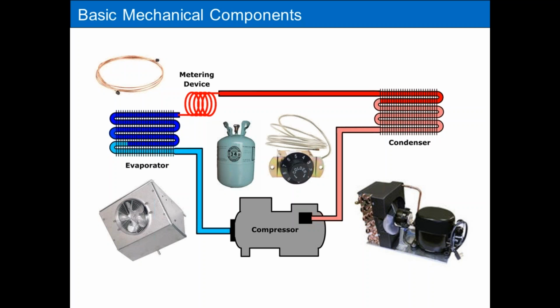It's cycled on and off by the temperature sensor being attached directly to the evaporator. And there's a relationship between evaporating temperature and case temperature. And that's how these systems work. So keep that in mind. The type of temperature control that these systems use is coil sensing.